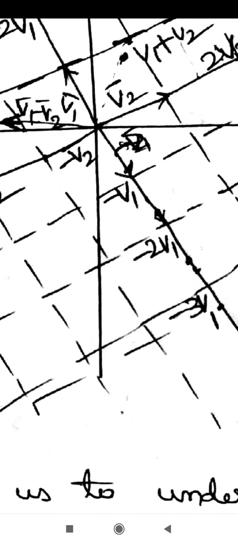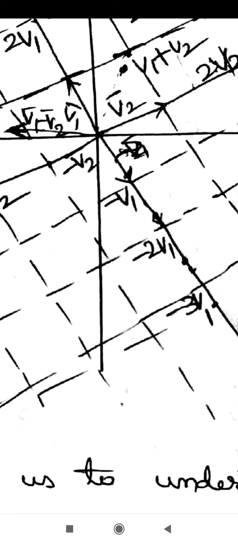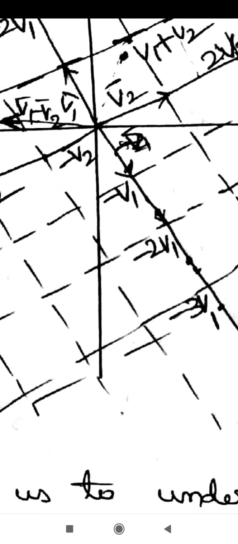How? Let us see about the negatives of these two vectors. The negative vector of v1, when v1 is in the second quadrant, lies in the fourth quadrant. It will have the same magnitude but the opposite direction, as shown in this figure.